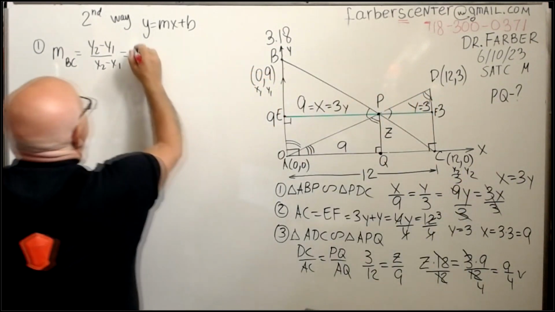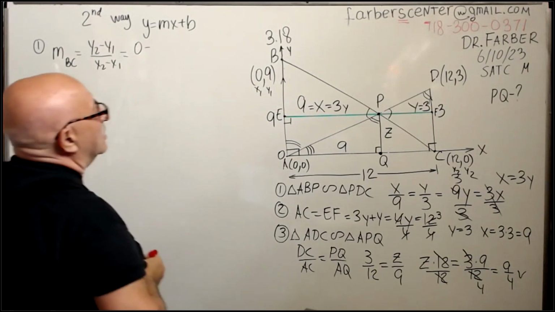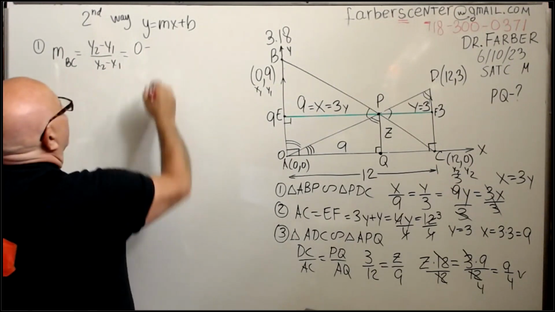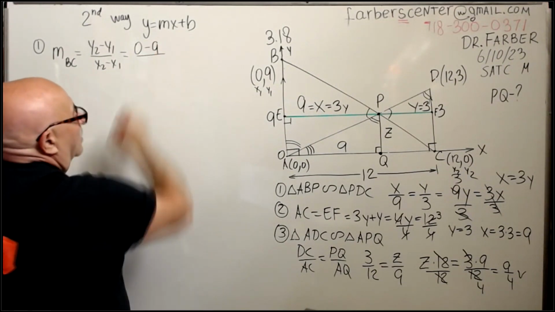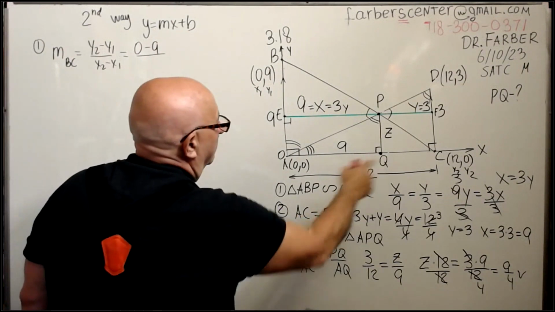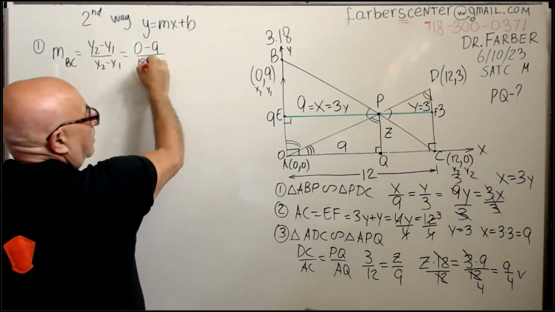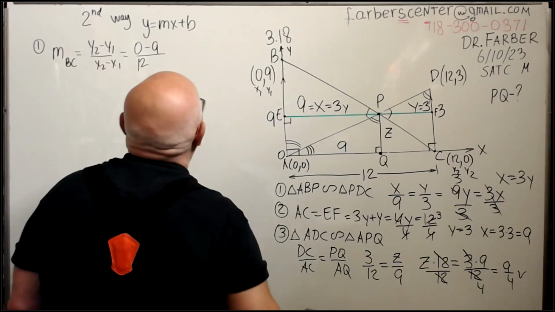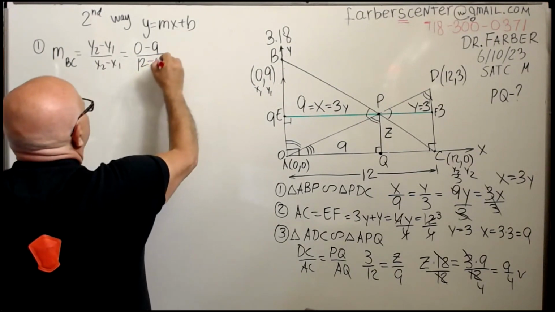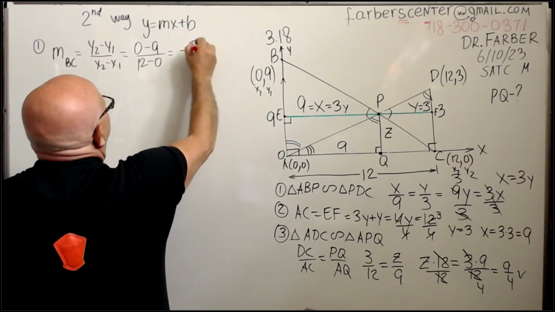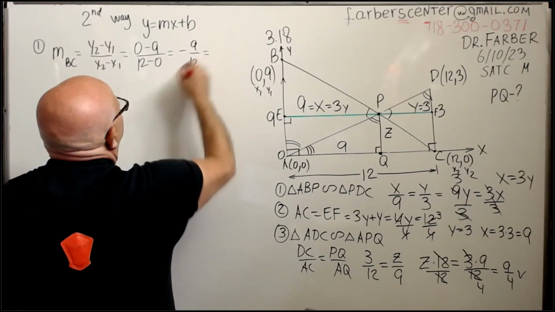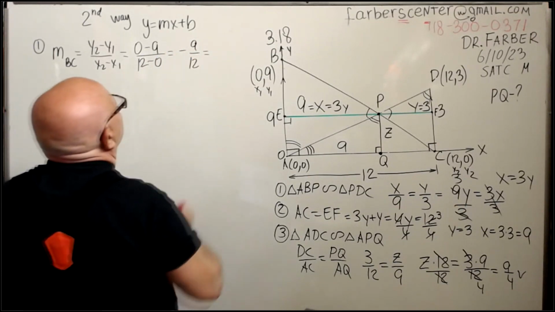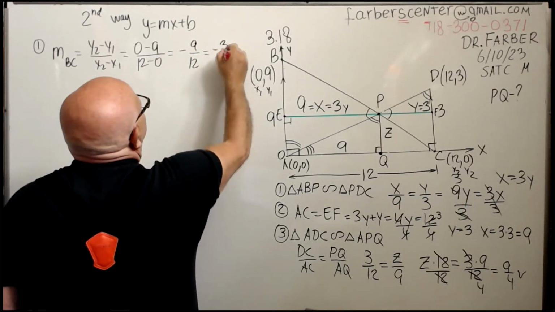Plug in here: 0 minus 9 divided by 12 minus 0. You have negative 9 over 12. You simplify by 3, it would be negative 3 over 4.